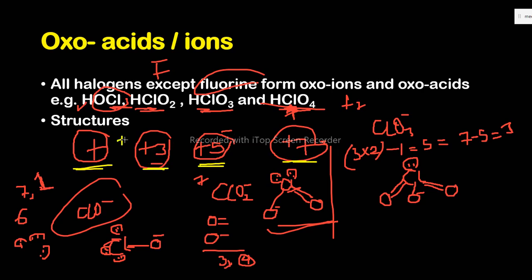You can't find a chlorous 2, no. You can't find a chlorous 4, no. Why? Because chlorine forms oxidation states in odd numbers. I hope it is okay. Any queries?